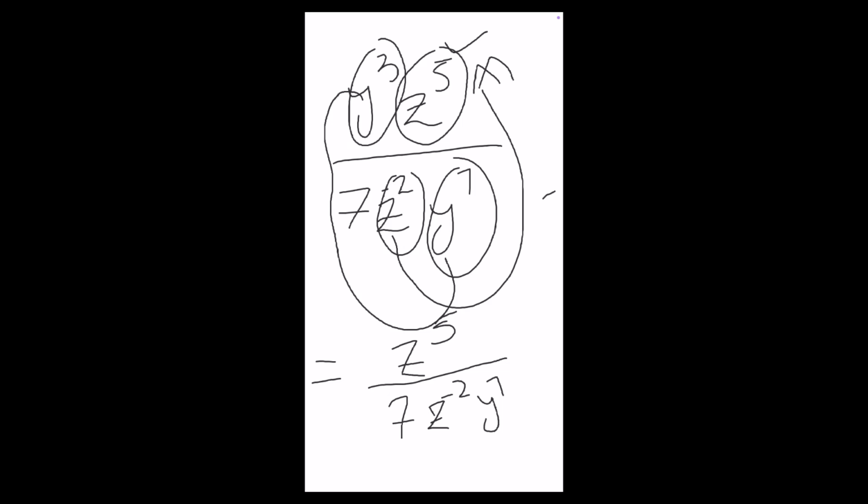Now you have to tell me which thing I have missed in this step. The y raised to the power of 3. Exactly. And remember, when the denominator goes up, its exponent will be converted to minus. Getting my point?